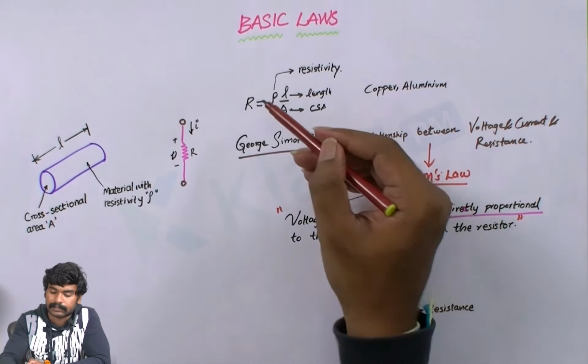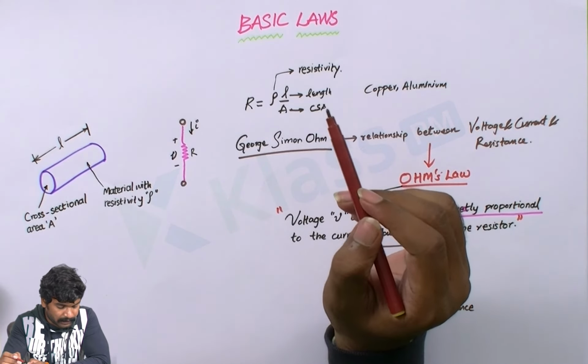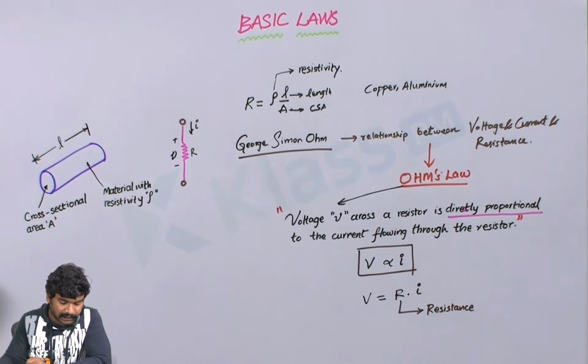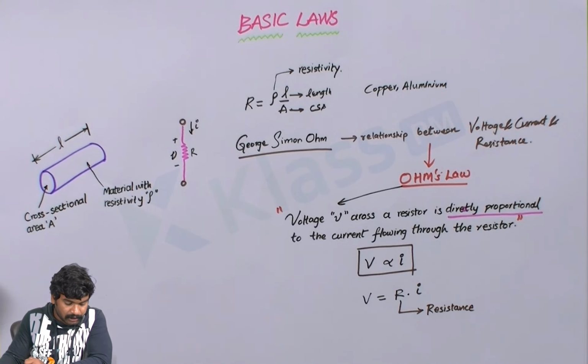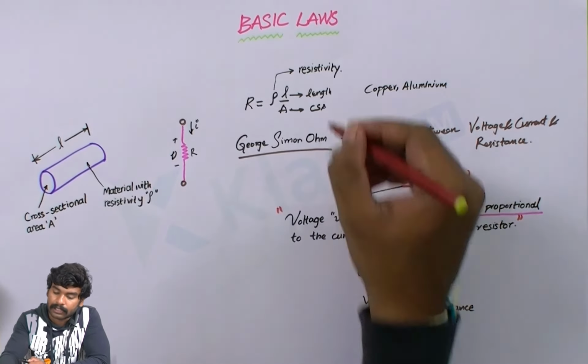And this resistance is given by the relation rho L by A, resistivity into length by area. Resistance is a material property which can change if internal or external conditions of the element are altered, that is, if length or cross-section area is altered.